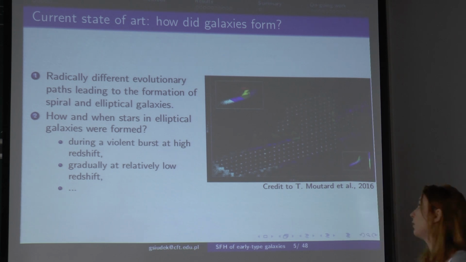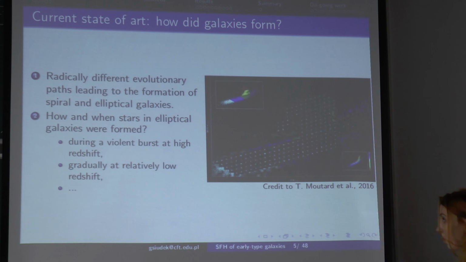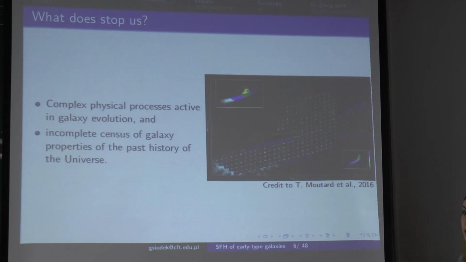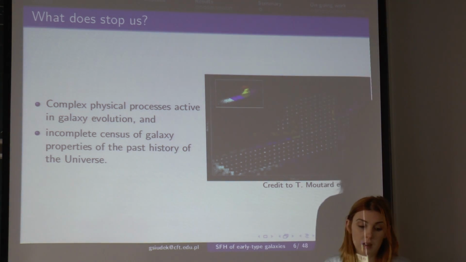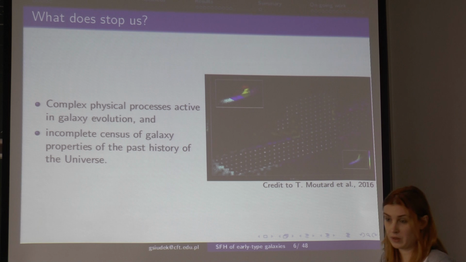Did they form very rapidly at high redshift, or did they assemble mass gradually at relatively low redshift? We do not know that because this is a very complex process, but the main problem is that we don't have observation of galaxy past history.